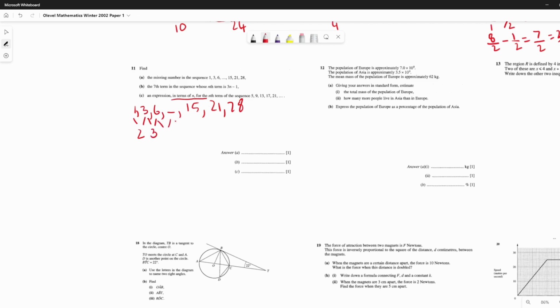We can't figure out the difference between these two, but the difference between these two is 6, and then the difference between these two is 7, and I'm just going to make an assumption that the difference between these two is going to be 4, and the difference between these two is going to be 5.